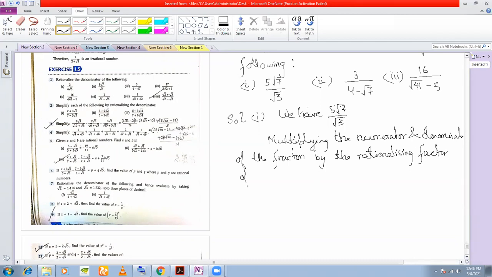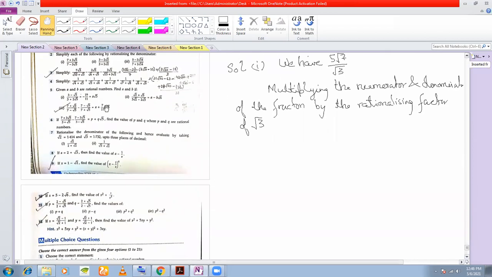What are the rationalizing factors of root 3? It can be plus root 3 and it can also be minus root 3. Both are acceptable, but we don't want a negative number, so we'll simply multiply numerator and denominator by root 3.